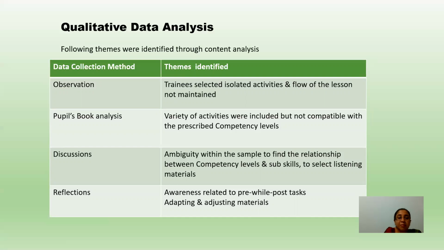And there were some ambiguous aspects during the intervention steps related to my sample. I was able to clarify these ambiguities, and how my sample overcame those ambiguities was depicted in their reflections.